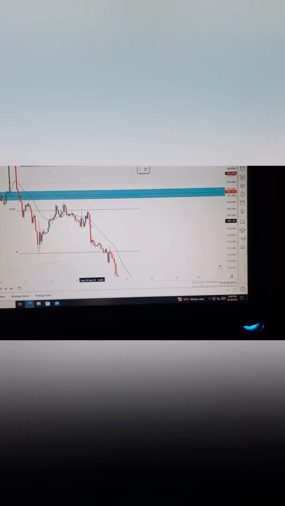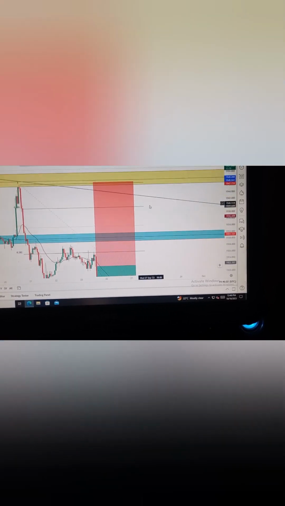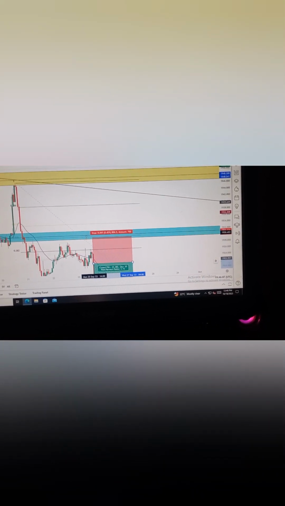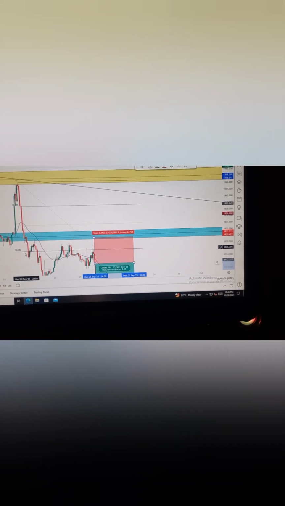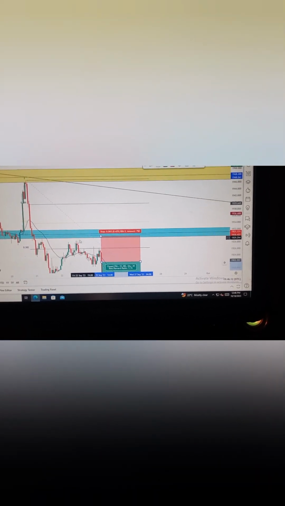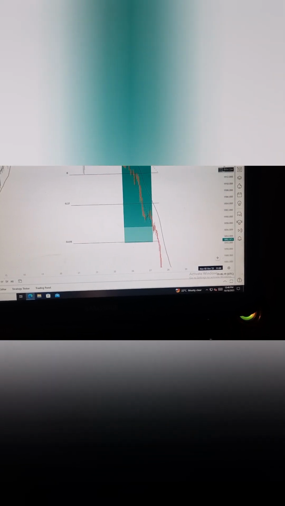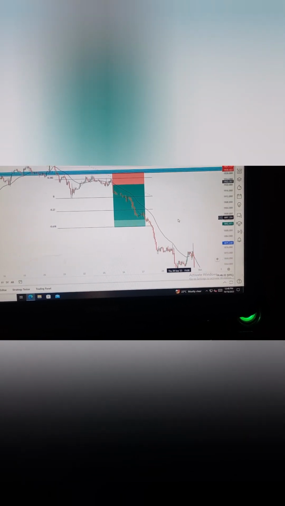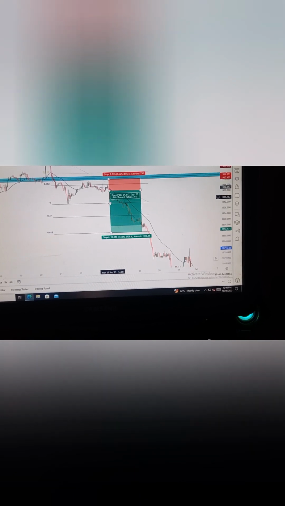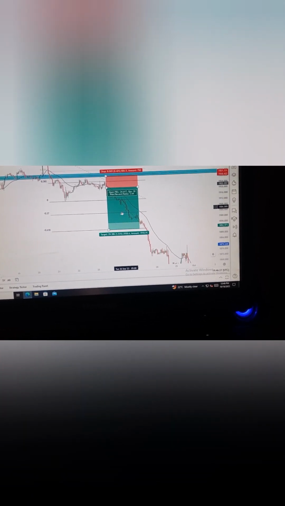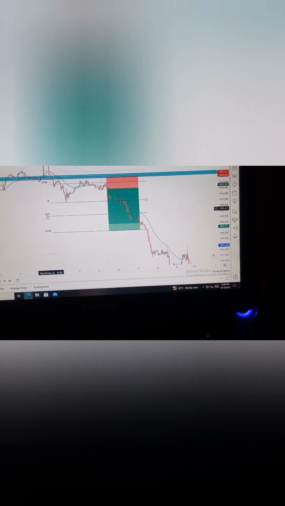But here you could take the sell from this level and put your stop loss just here above these highs, above the 38.2 level, and the take profit you would have way to our negative 0.618 level. And you can see price moved down and just continued straight to our first take profit and to our second take profit. See, that's for downtrend.